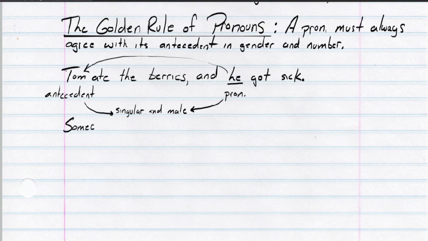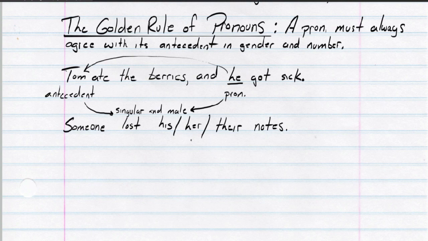Someone lost his/her/their notes. Someone lost his, her, or their notes. Once you get that down, I want you to take a minute, and in your head, I want you to answer that question. Which pronoun should you use in this case? Someone lost his, her, or their notes.